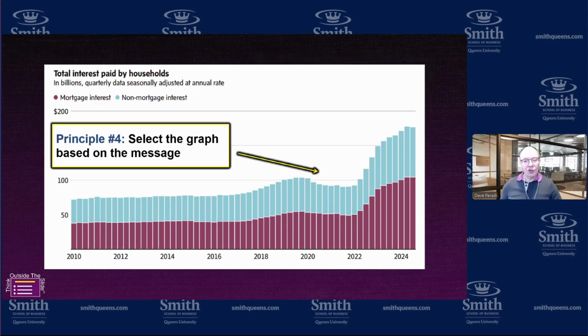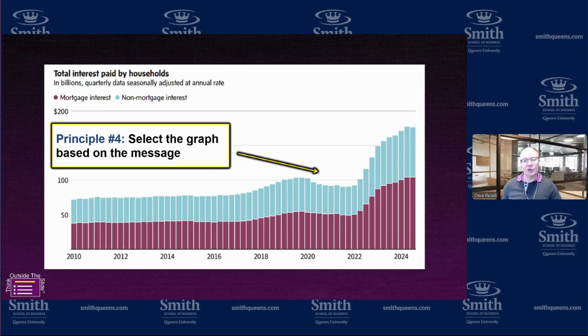Principle 4 is to make sure you have selected the graph that best communicates the message you are trying to communicate. Now, the message here that they're talking about is a message of it increased and now it is starting to decrease. Well, that is a message of a trend. But unfortunately, columns don't communicate trends very well. It's very hard, especially with a stacked column.